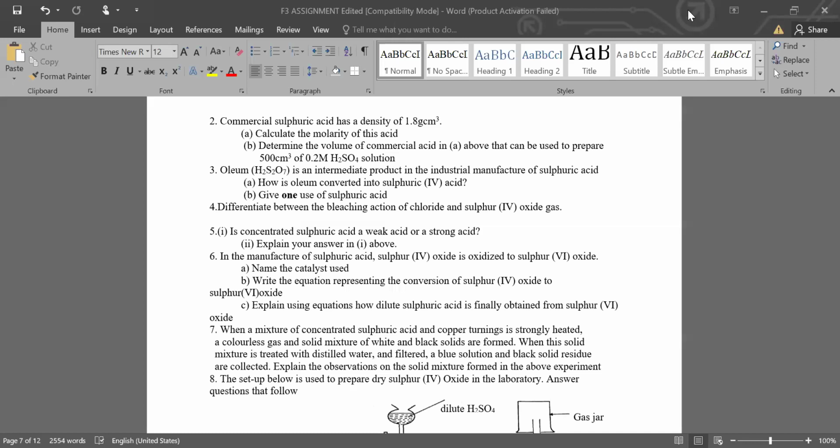So concentrated sulfuric 6 acid, as we have seen earlier, it is 98% sulfuric 6 acid, and the 2% is the water. So that acid has got very little amount of water, and more of that solution is in molecular form. The solution has got more molecules than ions. 98% are H2SO4 molecules.